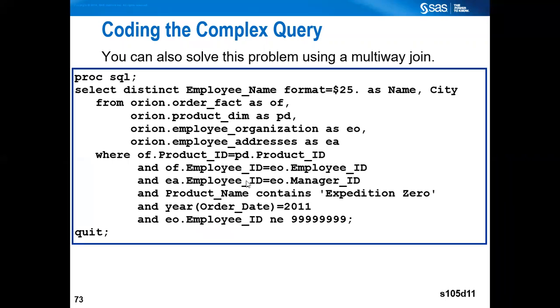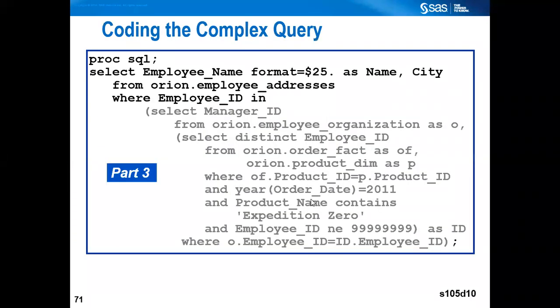Then again this employee ID from organization is common with the address table, with manager. Product is the same from order fact and product table. And you are subsetting data on product name which contains expedition 0, year, and employees who are not equal to this value. So the same result will appear as you wrote it earlier.